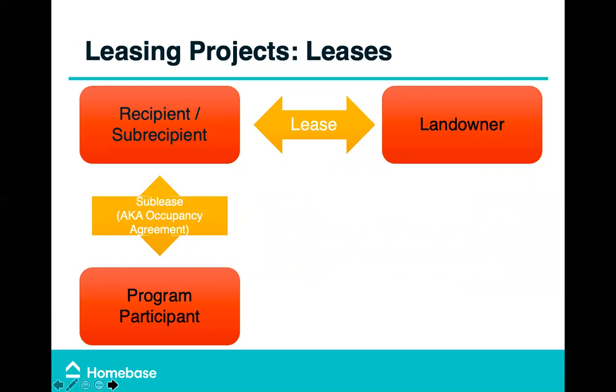If the space is being used for housing, the project goes on to execute an occupancy agreement with the participant. Occupancy agreements formalize the participant's rights in the housing and specify program expectations regarding continued occupancy in the housing. Sublease or occupancy agreement requirements vary depending on whether the housing is transitional or permanent. So let's consider those differences on the next slide.